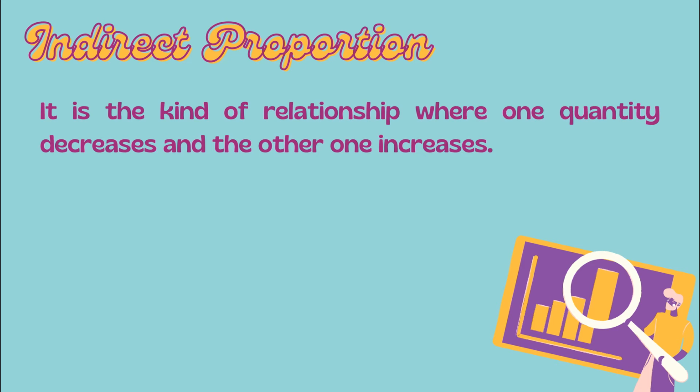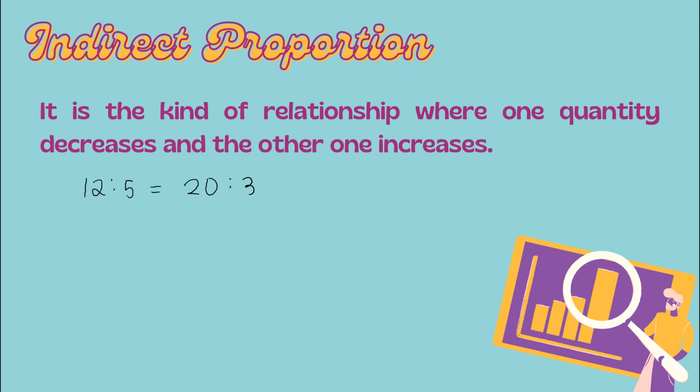For the next one, we have the indirect proportion. So it is the kind of relationship where one quantity decreases and the other one increases. So for example, we have here 12 is to 5 is equal to 20 is to 3. How did we know that this is an indirect proportion?